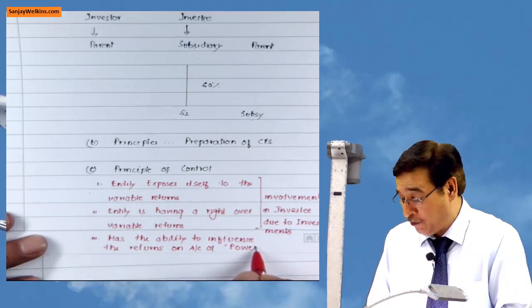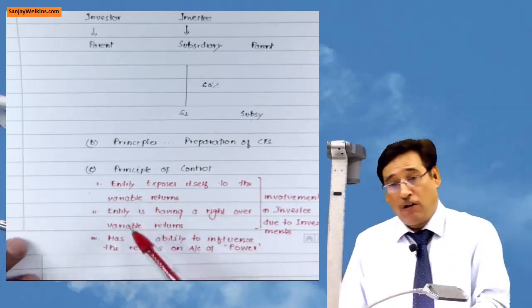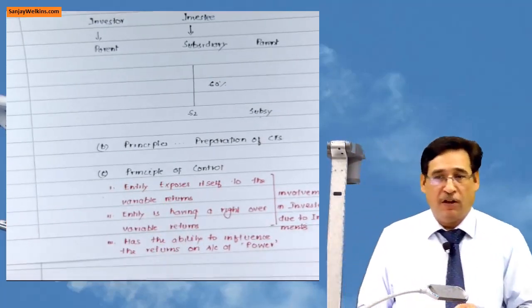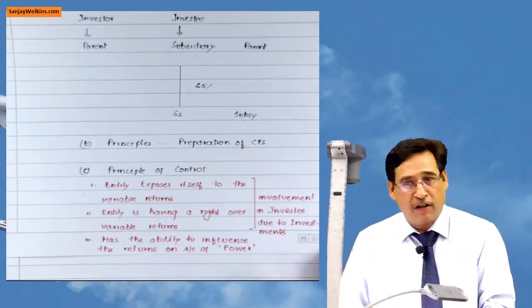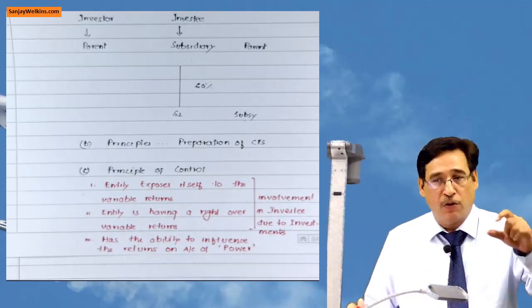This is a very significant line. When all these three things are present, then only we may say that in view of IFRS 10, an entity is in control of the other entity.